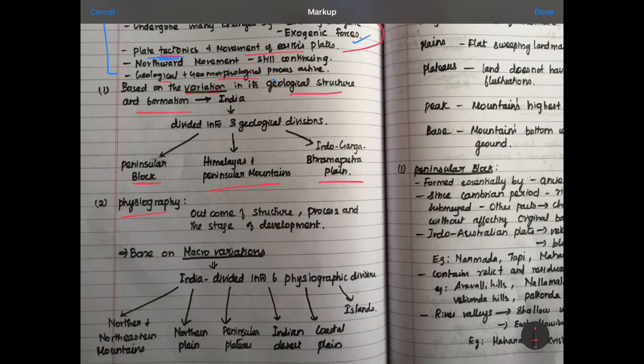Here a block is the block mountain, as you know block mountains and fold mountains. The plains are formed by the Indus, Ganga and Brahmaputra rivers.